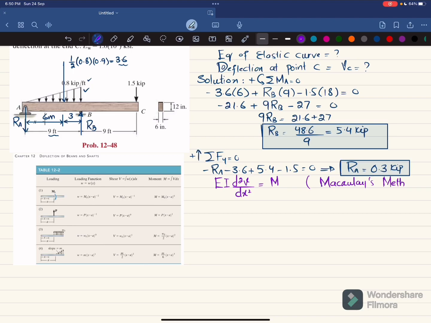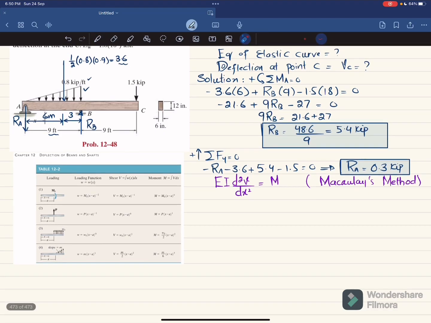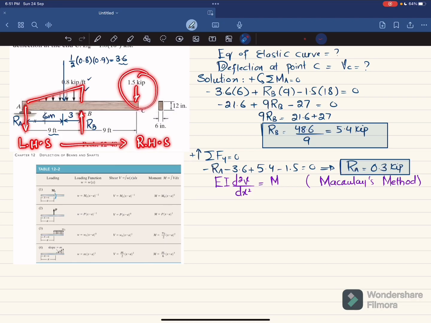So we'll apply Macaulay's method to find this moment M. You can see from this figure that there is a point load, a triangular load, a point load, and again a point load. So we will start from the left hand side and move toward the right hand side, and at the right hand side you will neglect this force.